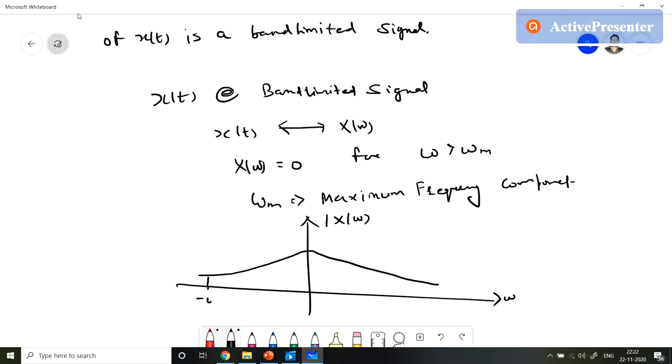This is minus omega m, this is plus omega m, it is decreasing, and this is basically band limited to omega m.